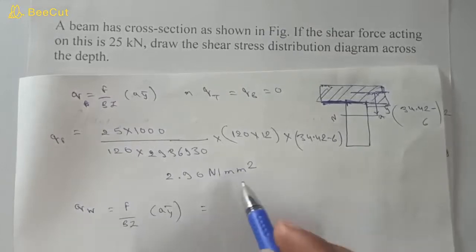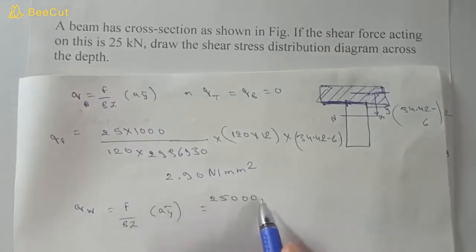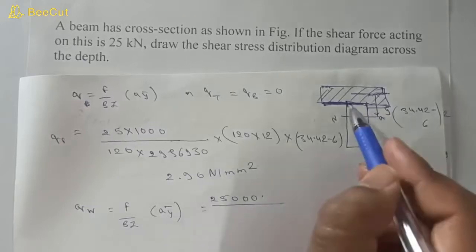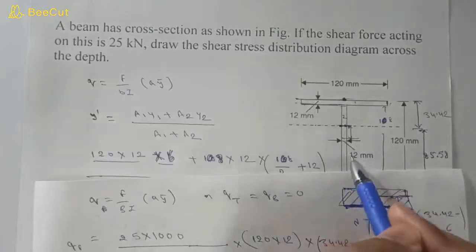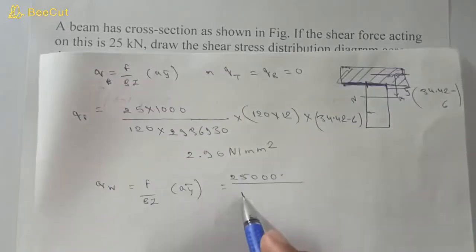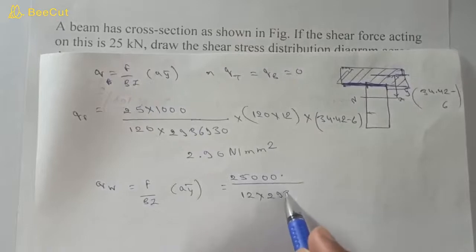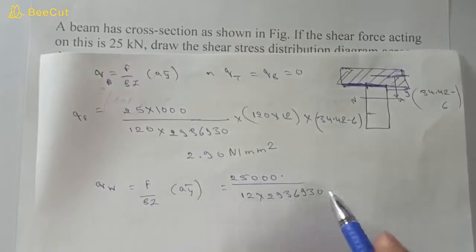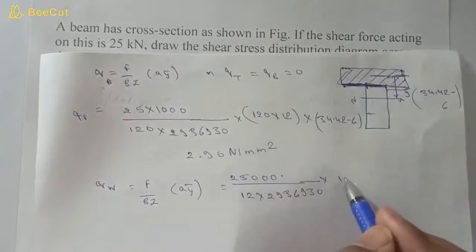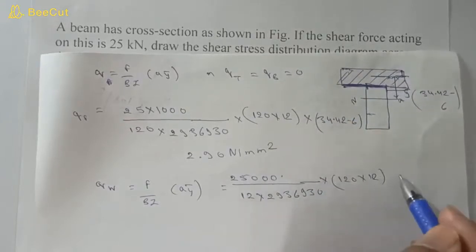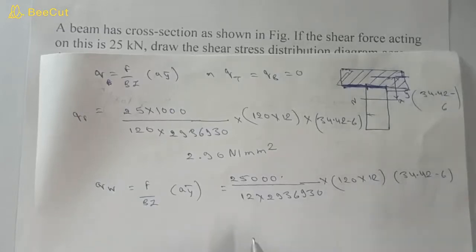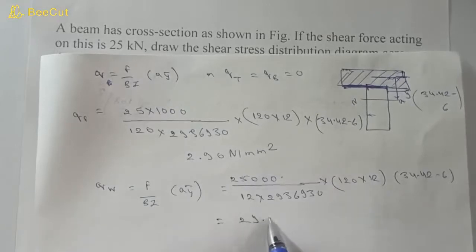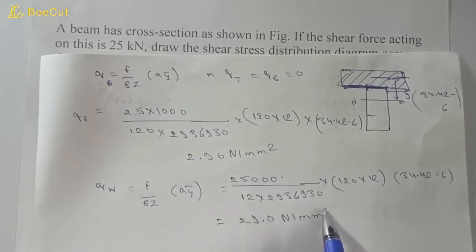So F is 25 kilonewton, divided by B, which will become 12 only, because the width of the web is 12 mm, into 2936930, and the area is the same, 120 into 12 and 34.42 minus 6, everything is the same. If you calculate this, then you will get 29.0 Newton per mm square.